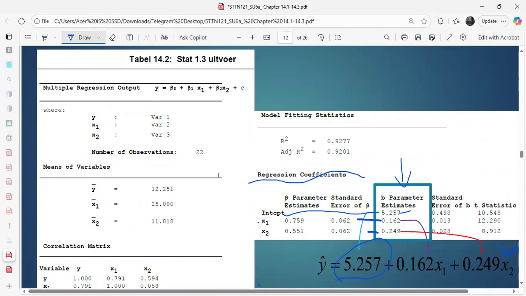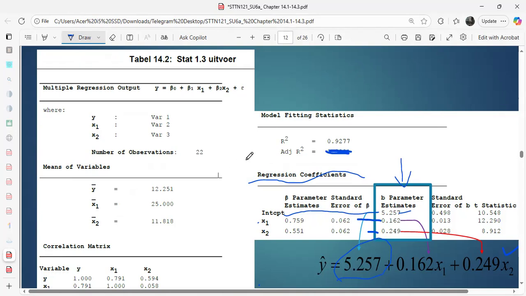Now look at this one here. Remember we said it's 1 minus (n minus 1) divided by (n minus k minus 1), multiplied by (1 minus r squared). Let's say, for example, you were not given this and you are required to find the adjusted coefficient of determination. You saw the formula on the formula sheet.